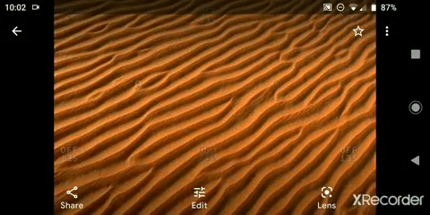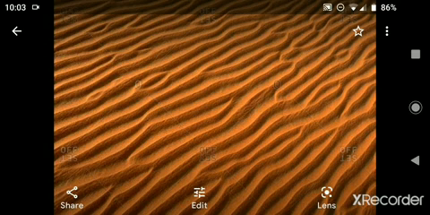This is called ripple marks. These wave-like structures of sand are formed perpendicular to the flow, and these ripple marks are seen on beaches in the coastal areas or towards the windward side of the barkans.